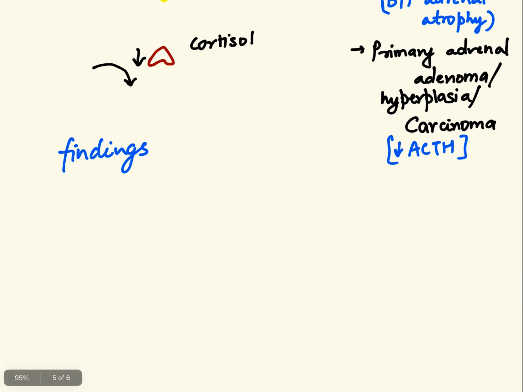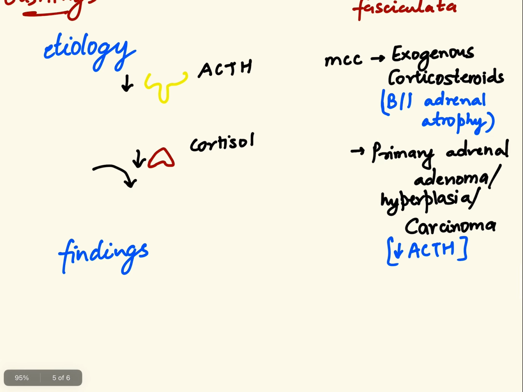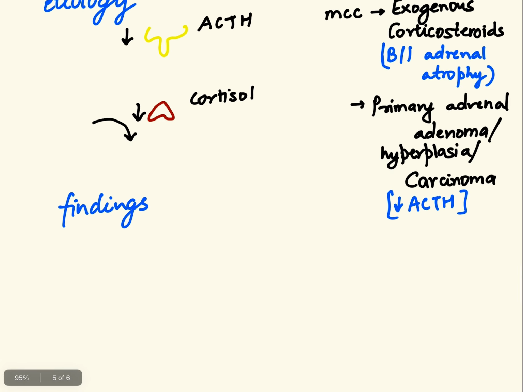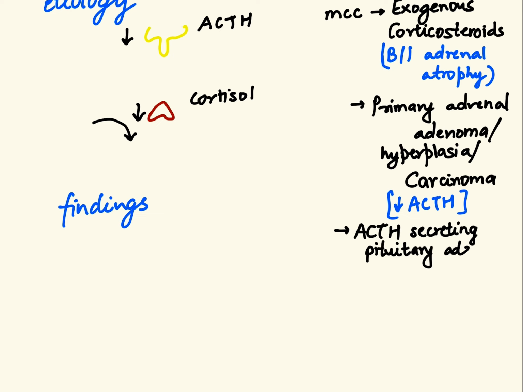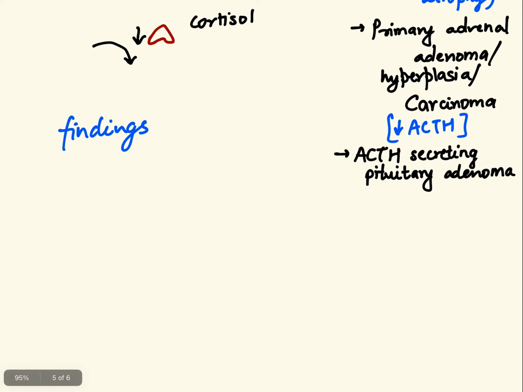Now if there is some defect in the pituitary itself, तो pituitary का defect क्या हो सकता है? ACTH secreting pituitary adenoma. ठीक है, तो अब यहाँ पे ACTH बढ़ जाएगा.